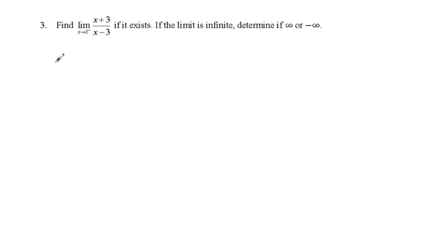Next one, problem 3, find the limit as x approaches 3 from the negative side, if it exists. If the limit is infinite, determine if positive infinity or negative infinity. Well, we should be able to see that if we plug in 3 to this, we're going to get 3 minus 3 in the denominator, or 0.